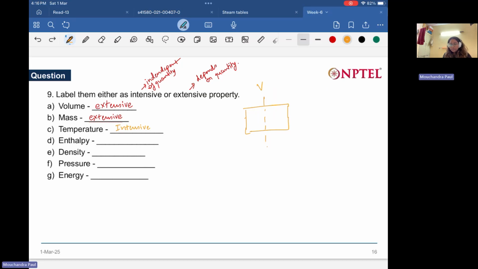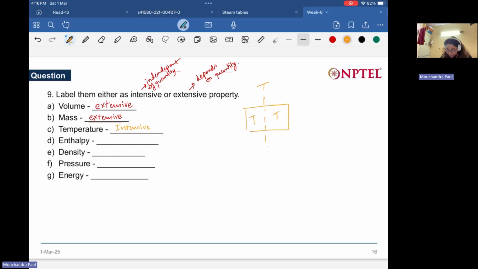Whereas if the initial temperature of the system is T, each half will not have T by 2. Each half will have temperature T only. So T is an intensive property.